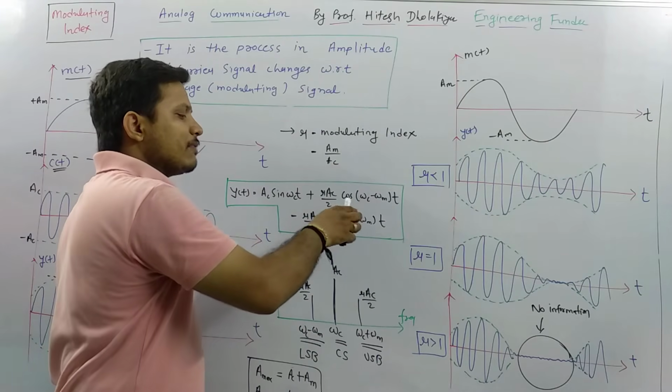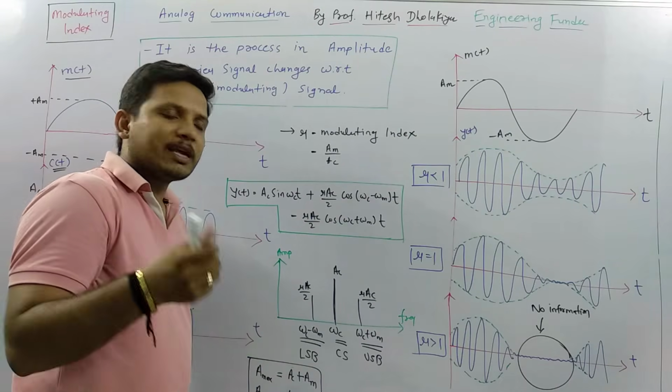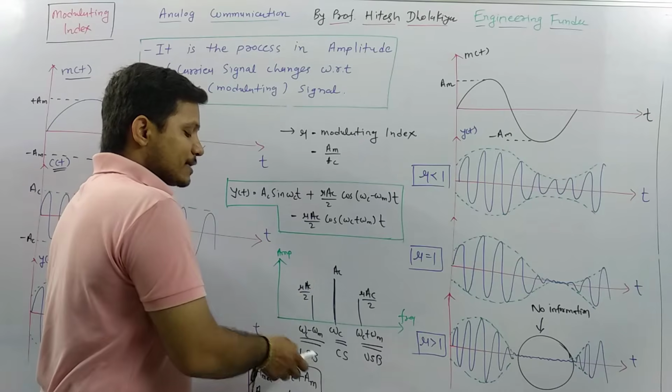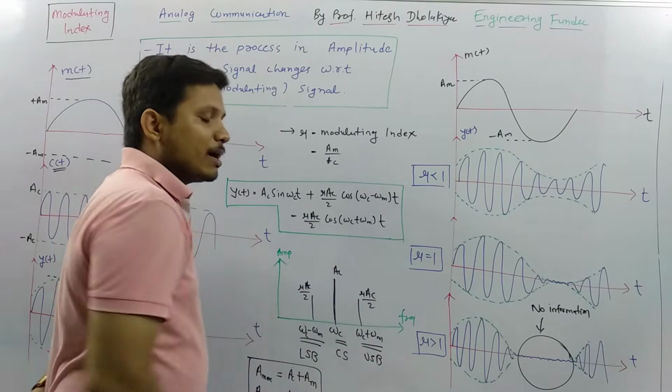In some books you will find equations in terms of sine, so you don't need to worry about it; you just need to see the amplitude of the bands. The upper sideband and lower sideband amplitude will be mu Ac by 2.